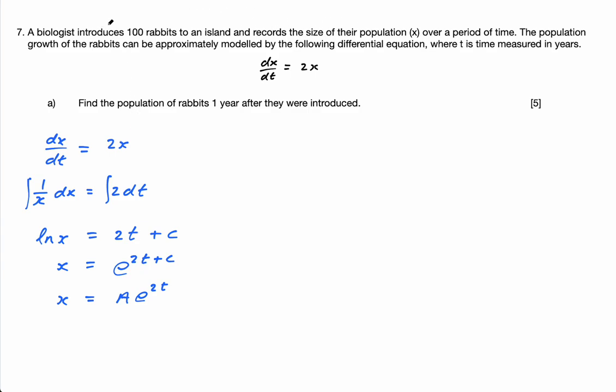He introduces 100 rabbits to an island, so when t is 0, x is 100, because x is the population of rabbits. So 100 equals a e to the 2 times 0, which is 0. So a is equal to 100. That's it.